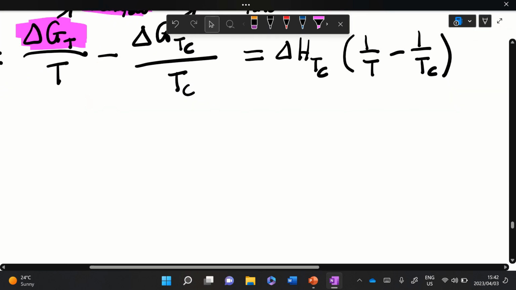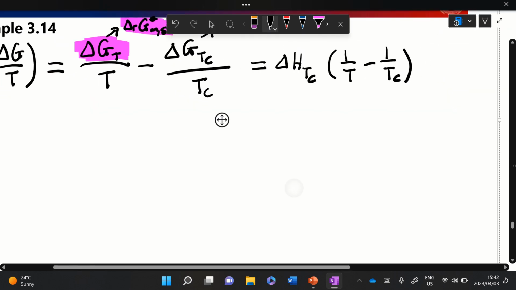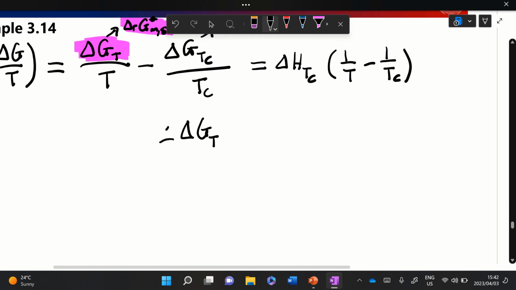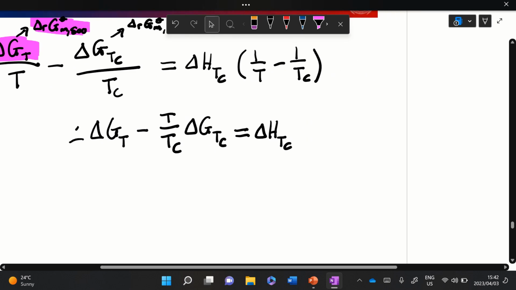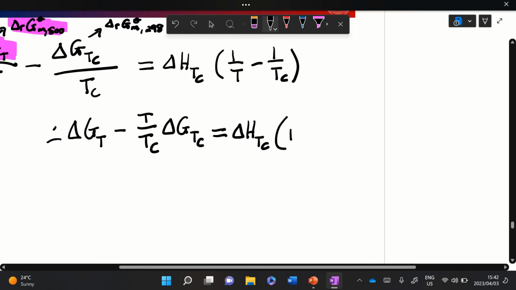Now we're multiplying through by T, so then we get delta G T minus T over Tc delta G Tc equals delta H Tc times 1 minus T over Tc.